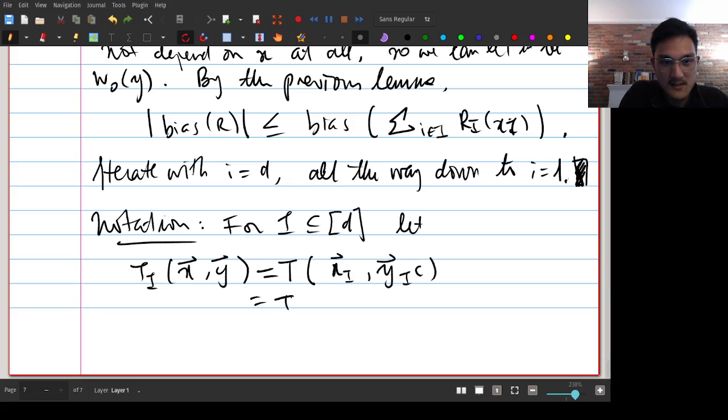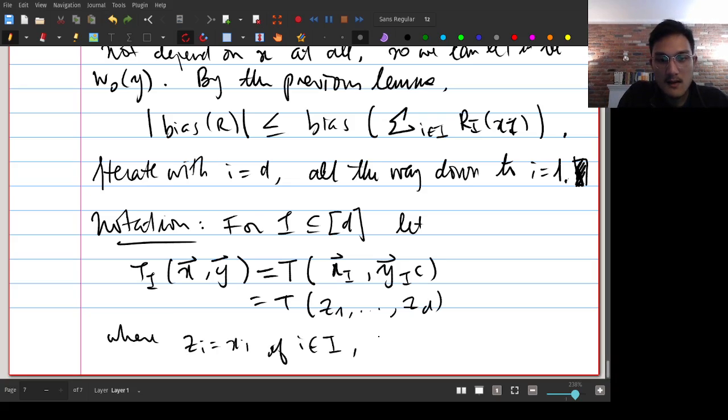That's the same as saying T of Z1 up to ZD, where Zi is equal to Xi if i is in I, and Zi is equal to Yi if i is not in I.